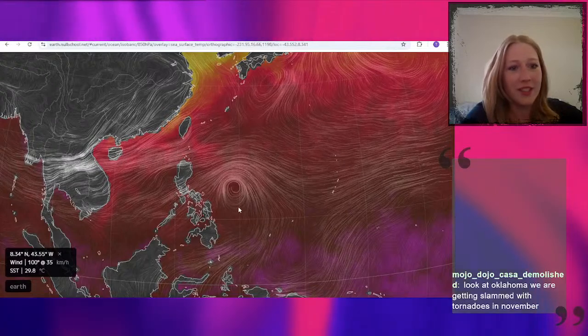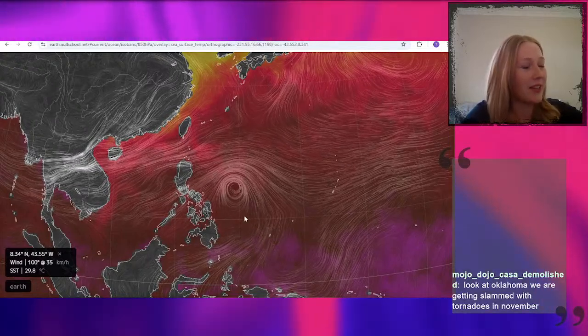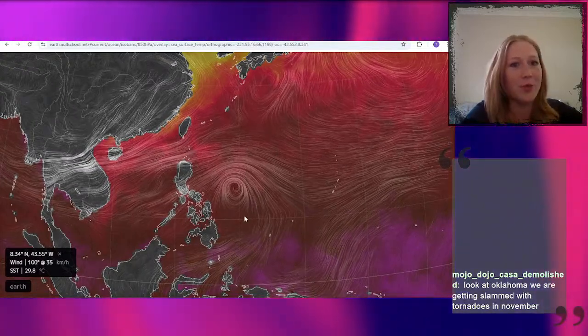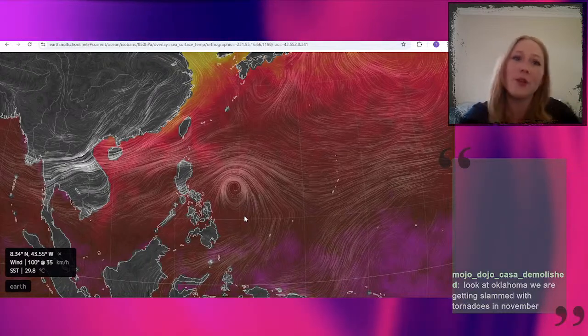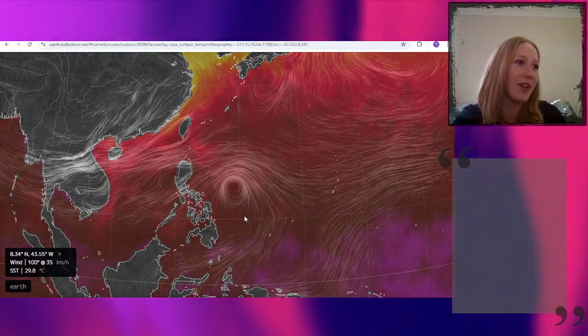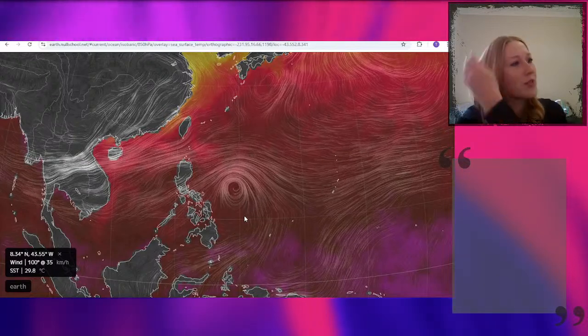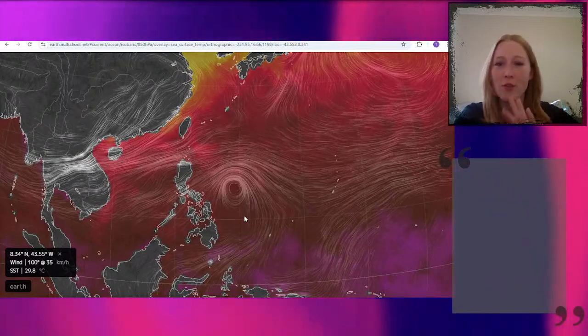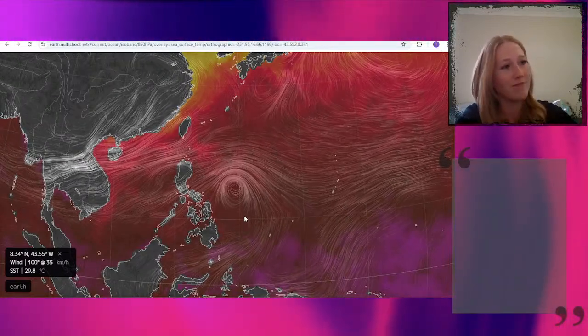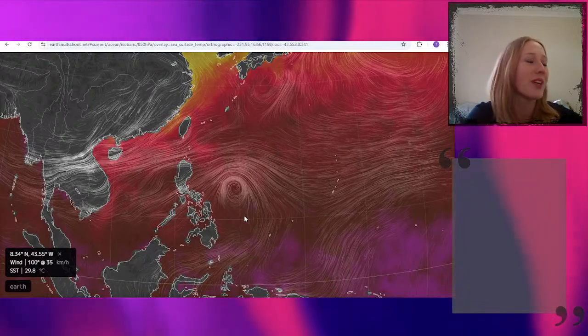Ooh, this is a nice, very clear anti-clockwise movement. So a very strong low pressure system over here. I wouldn't be surprised if this is a tropical cyclone or maybe the early formation of one. Maybe.